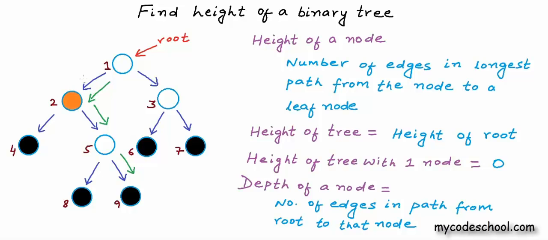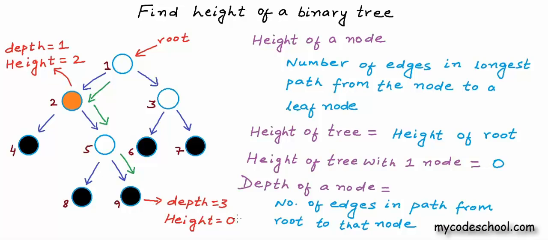For node 2 in this example tree, depth is 1 and height is 2. For node number 9, which is a leaf node, depth is 3 and height is 0. For root node, depth is 0 and height is 3. Height of a tree would be equal to maximum depth of any node in the tree. So height and max depth, these two terms are used for each other.